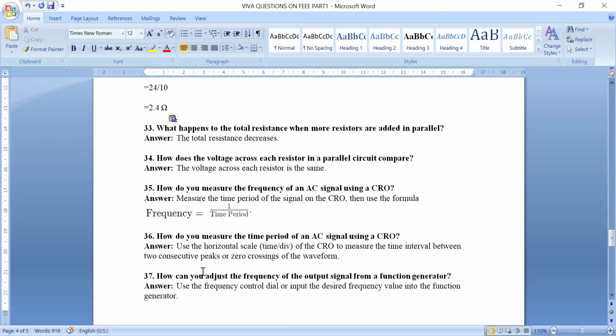First you should select two consecutive peaks, peak 1 and peak 2. Between two consecutive peaks, or zero crossing of the waveform, you measure the time, then multiply with the time per division knob, and you will get the time period. If you do 1 divided by that time period, you will get the frequency.